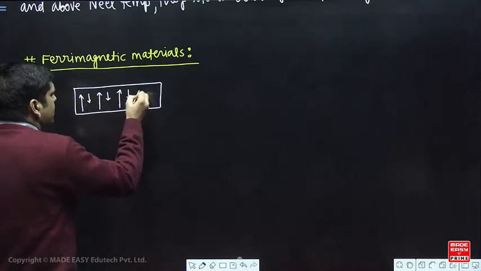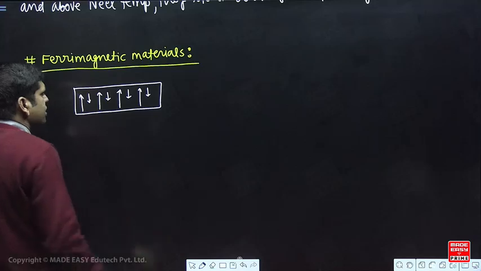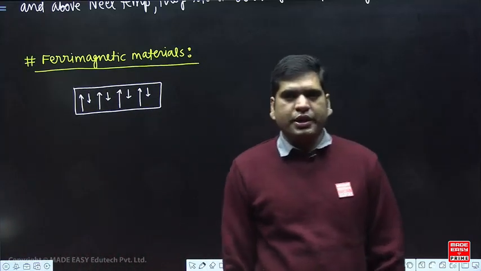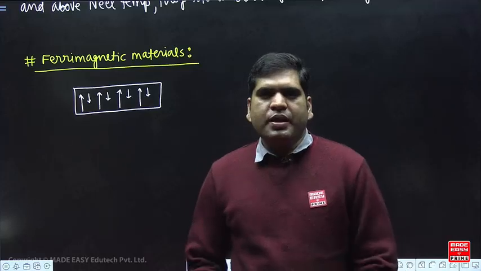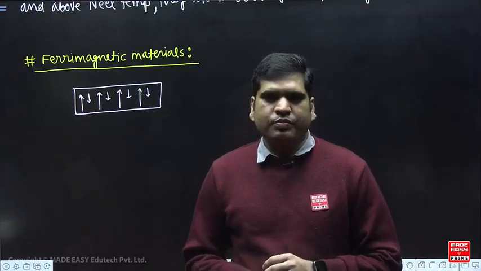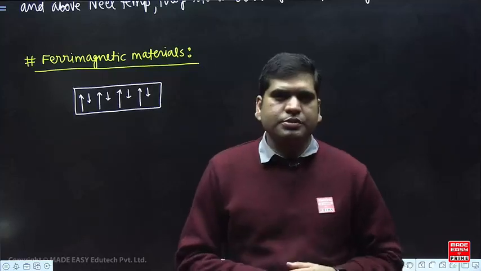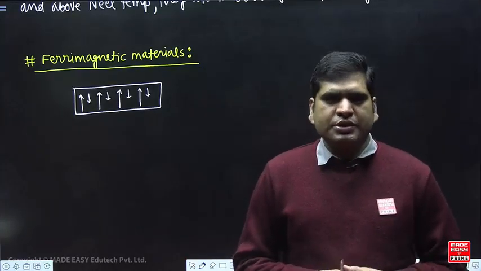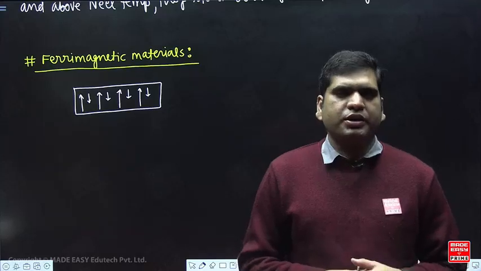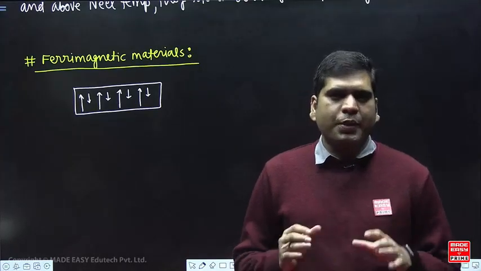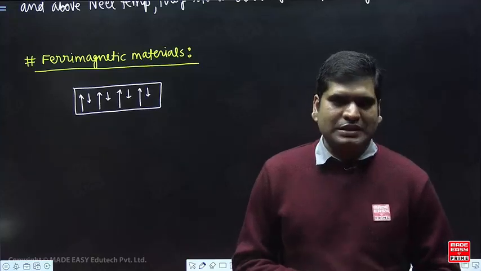Because of anti-parallel arrangement, these dipoles will try to cancel each other, but since they are not equal in magnitude, they cannot cancel totally. Hence, you will get non-zero value even in the absence of field, because they are not able to cancel 100%. So this non-zero value means spontaneous magnetization, and spontaneous magnetization means hysteresis curve.